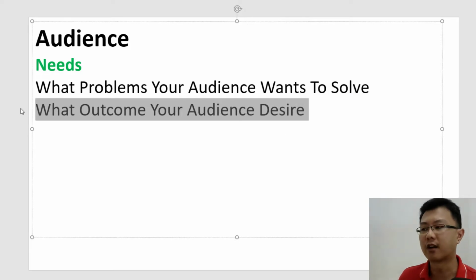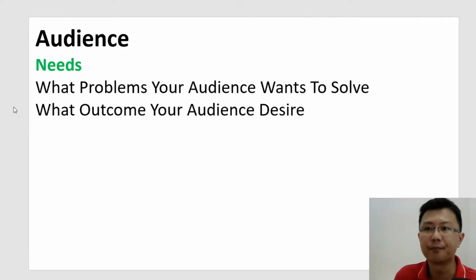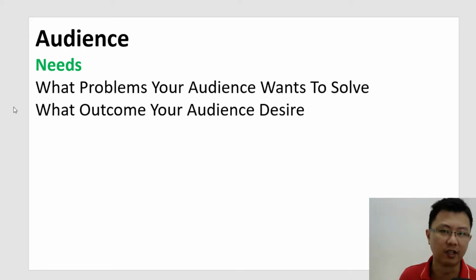If you're running a business such as a gym or a weight loss business, then we're talking more about what type of outcome the audience wants. The outcome can be, I want to lose 5 pounds in 20 days. I'm just making it up, I'm not a weight loss professional.